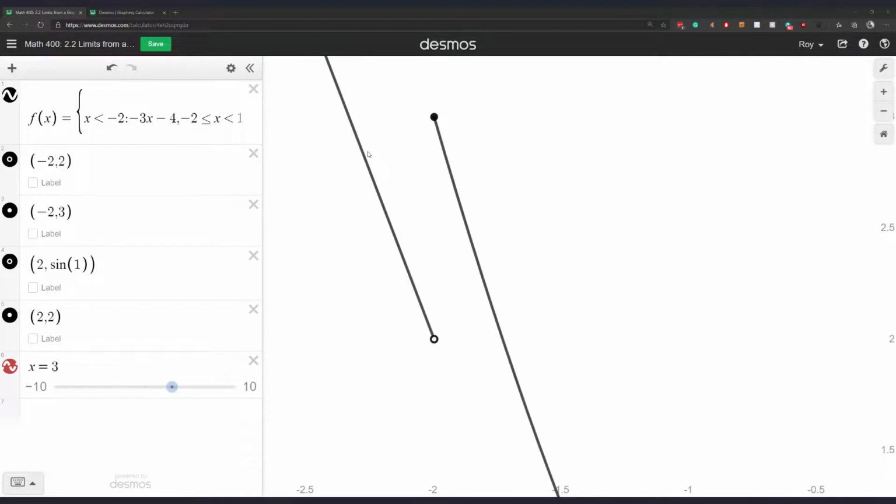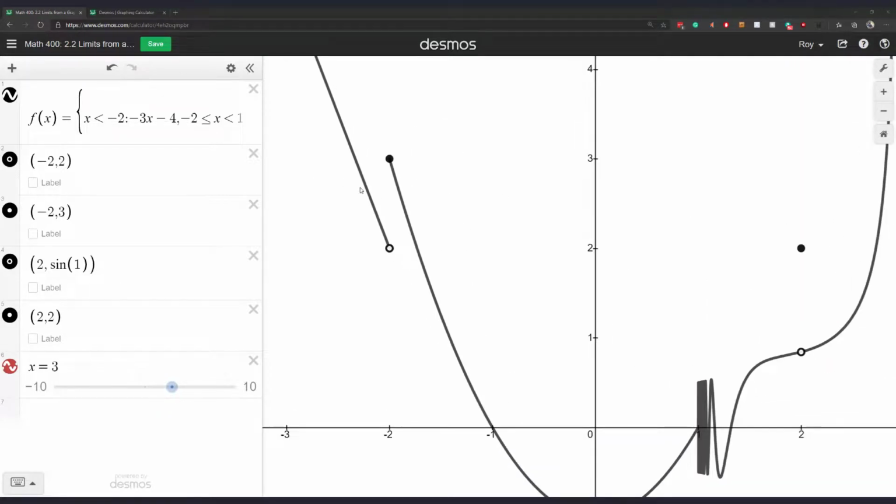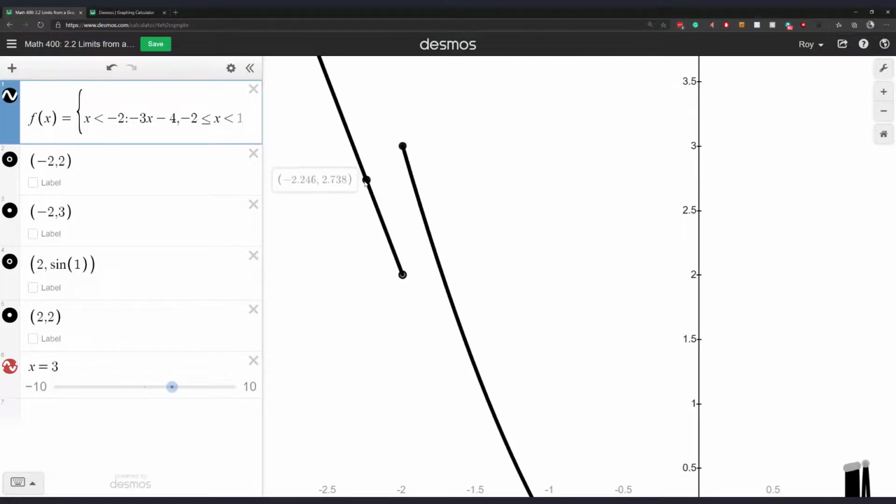If I were to ask what's the limit as x is approaching -2 from the left, you would take a look at the y values as x approaches -2 from the left-hand side, and you'd say, it looks like the y values are approaching about a 2. So the one-sided limit as x approaches -2 from the left is going to be 2. The one-sided limit as x approaches -2 from the right looks to be about 3.